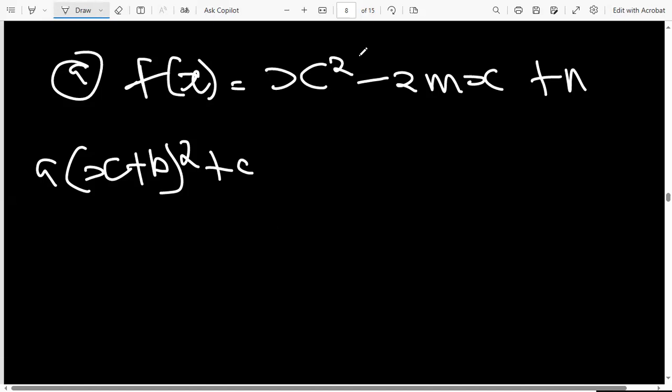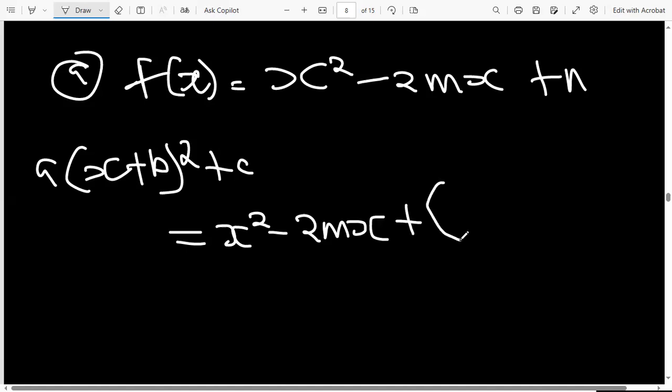What is the next step? It is to form what we call a perfect square. How do we form that perfect square? We write the equation the way it is, ending at the term that has the x, and then we say plus, and open brackets.